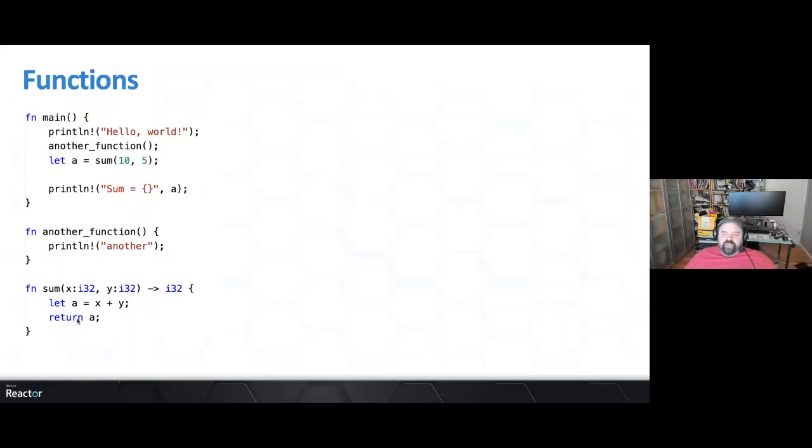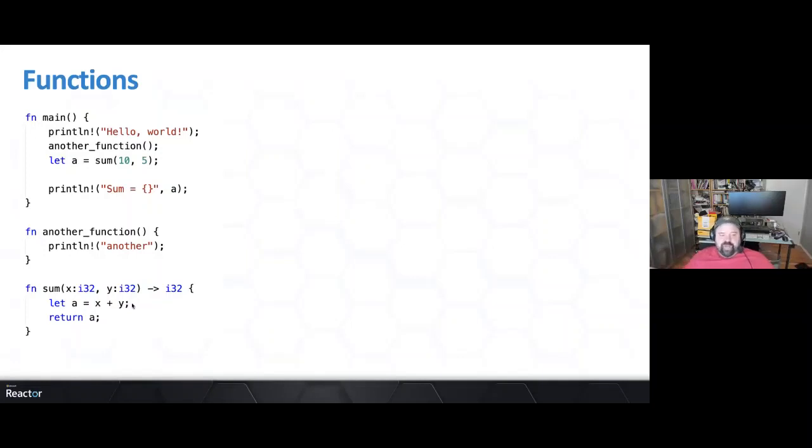This is not overly idiomatic Rust. Normally, you would just say x plus y, no let, no return, no semicolon, just the expression x plus y. And that's enough. The final expression in a function will be interpreted as the result. Just be careful. If you intend to do that, but you accidentally put a semicolon at the end of it, that turns the expression into a statement.